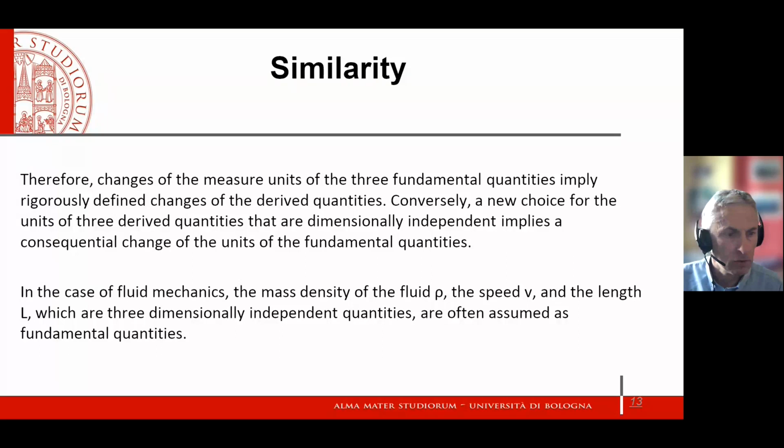We can prove that the mass density of the fluid, the speed v, and the length L are dimensionally independent, and believe me, they are enough in fluid mechanics to describe any relevant physical quantity.